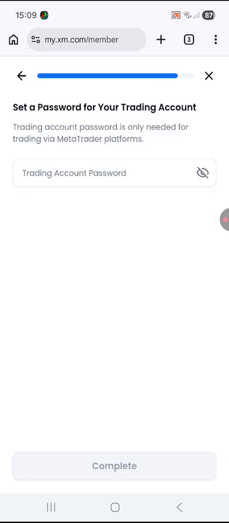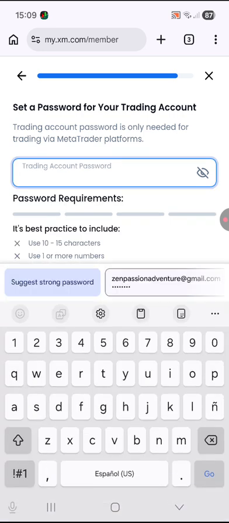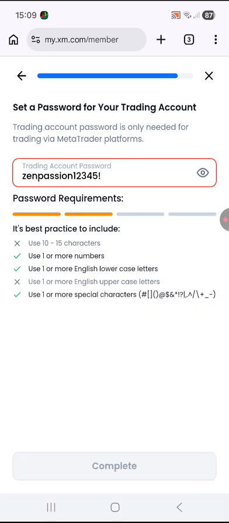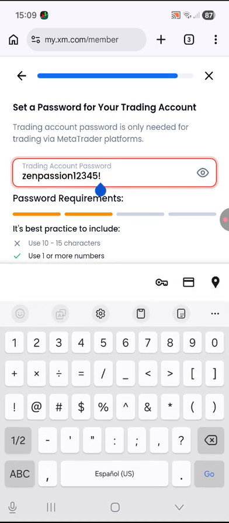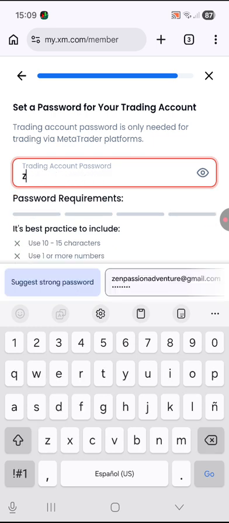I want to create my MetaTrader account. I can set my account password. Let's just do Zen Passion, 1, 2, 3, 4, 5. I guess I need to use some capital letters here.